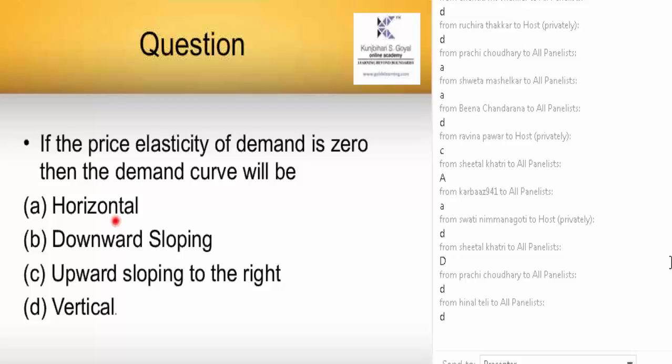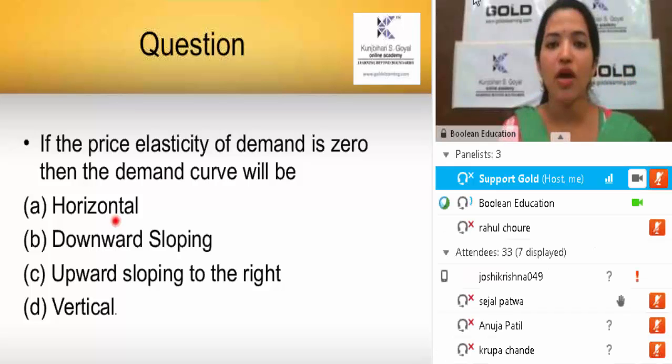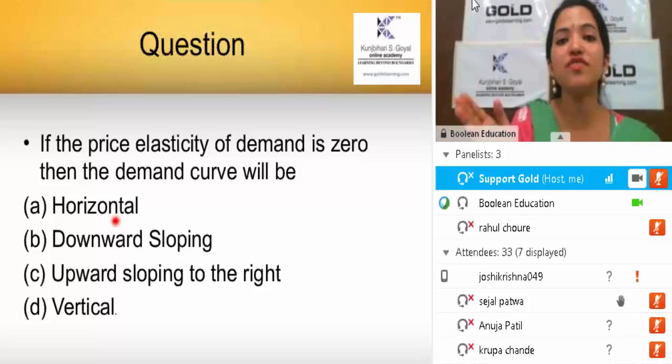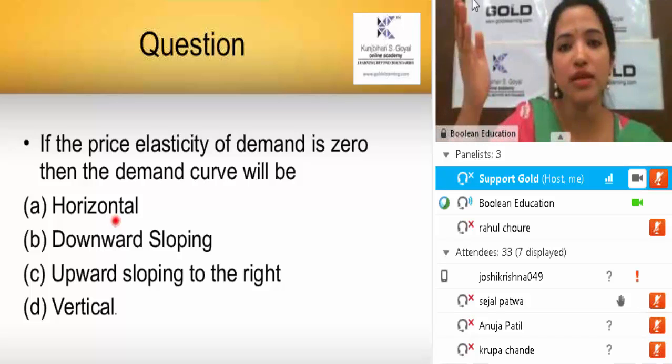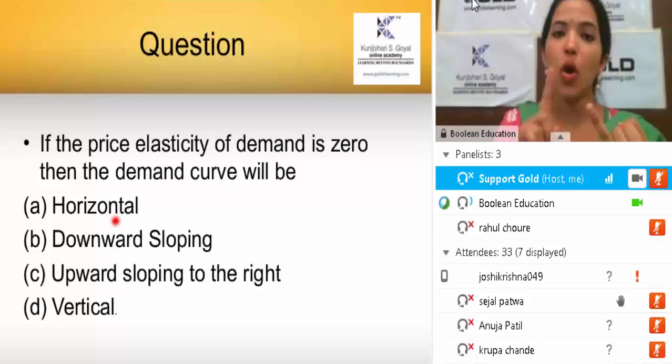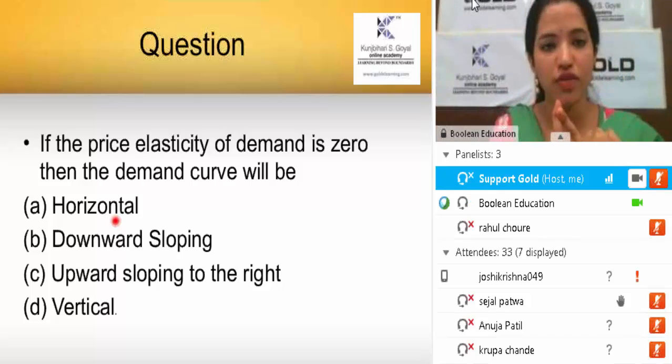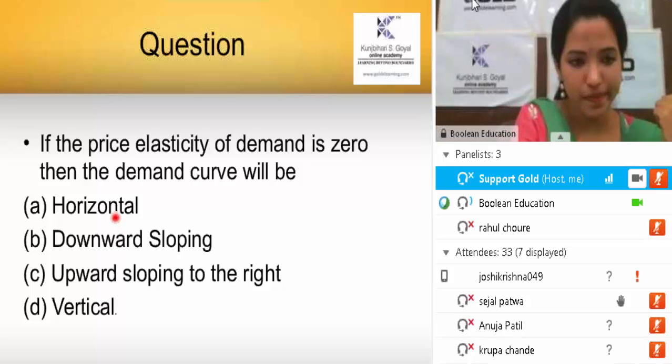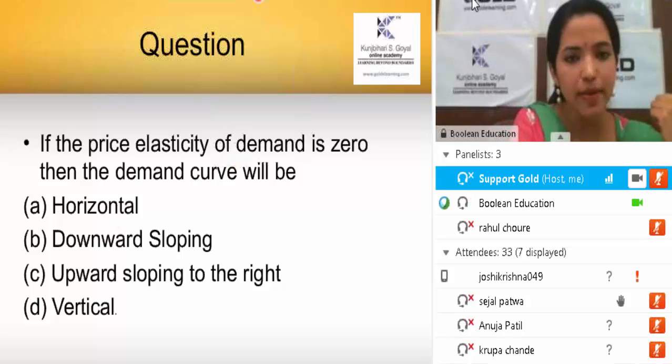So if you draw a demand curve considering the relationship between income and demand, we will get a positive, upward sloping demand curve. Can we call it a positive demand curve or an upward sloping demand curve as well? Correct? Chalo. Now let's see.